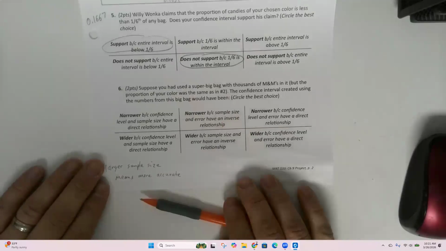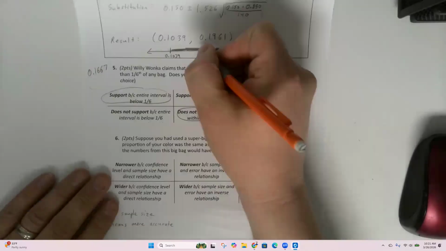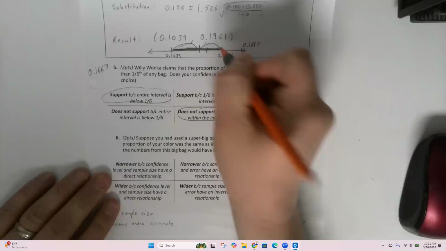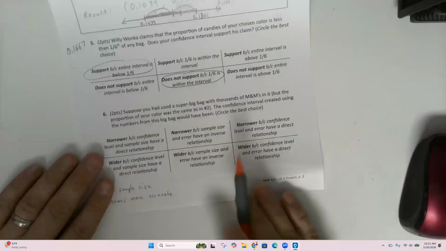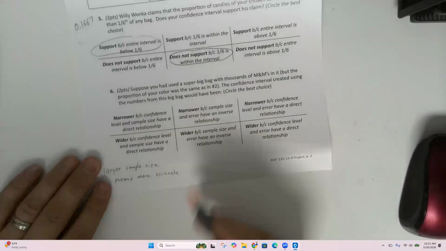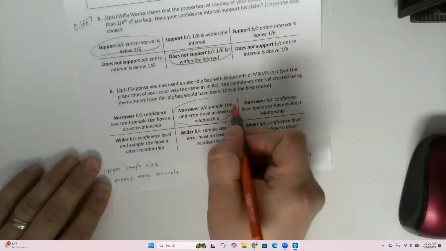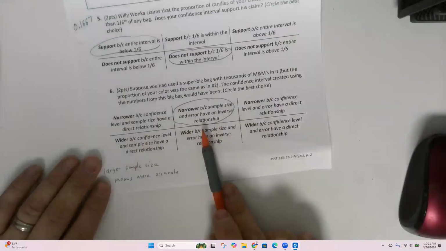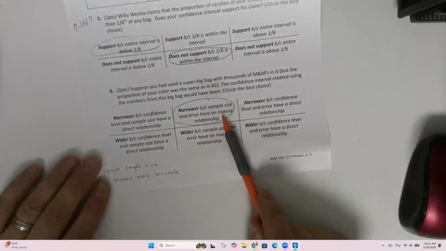Your error would have been smaller. The error is the distance from the middle. This right here is your margin of error, and this right here is your margin of error, okay? So a larger sample size would have meant that your error would have been smaller, and so you would have had a narrower confidence interval because sample size and error have inverse relationships.